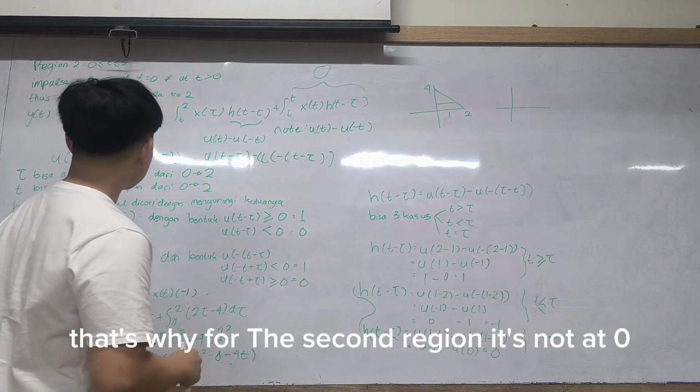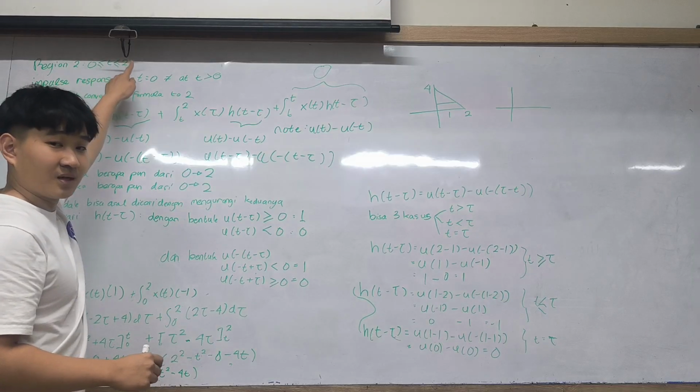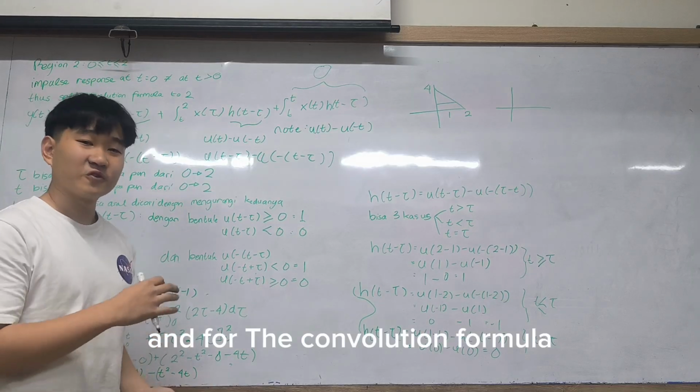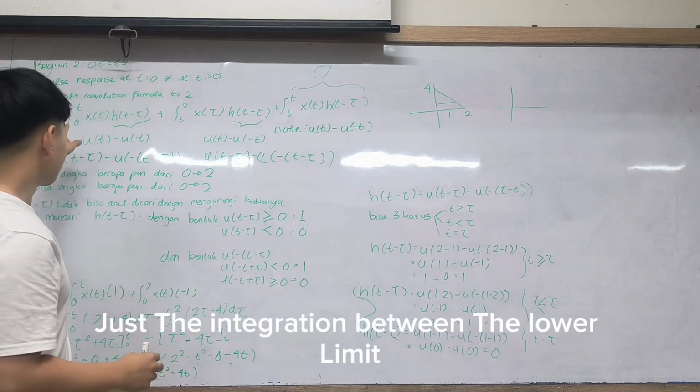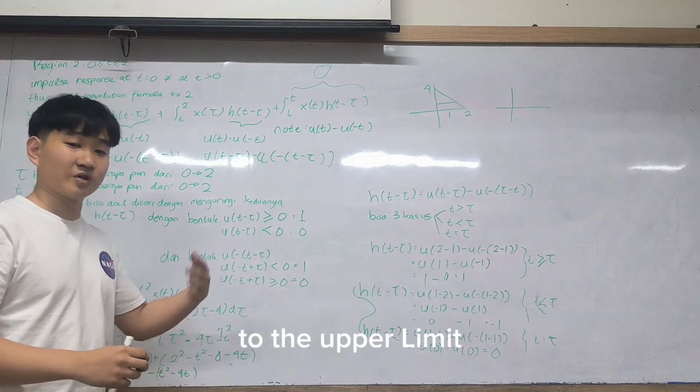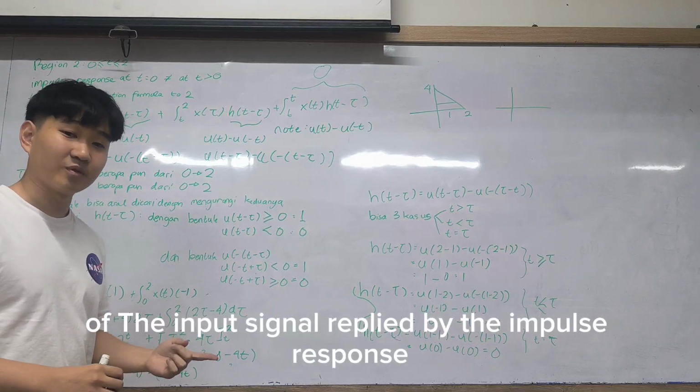That's why for the second region, it's not at 0, rather it is between 0 to 2. And for the convolution formula, previously we have seen that it is just the integration from the lower limit to the upper limit of the input signal multiplied by the impulse response.